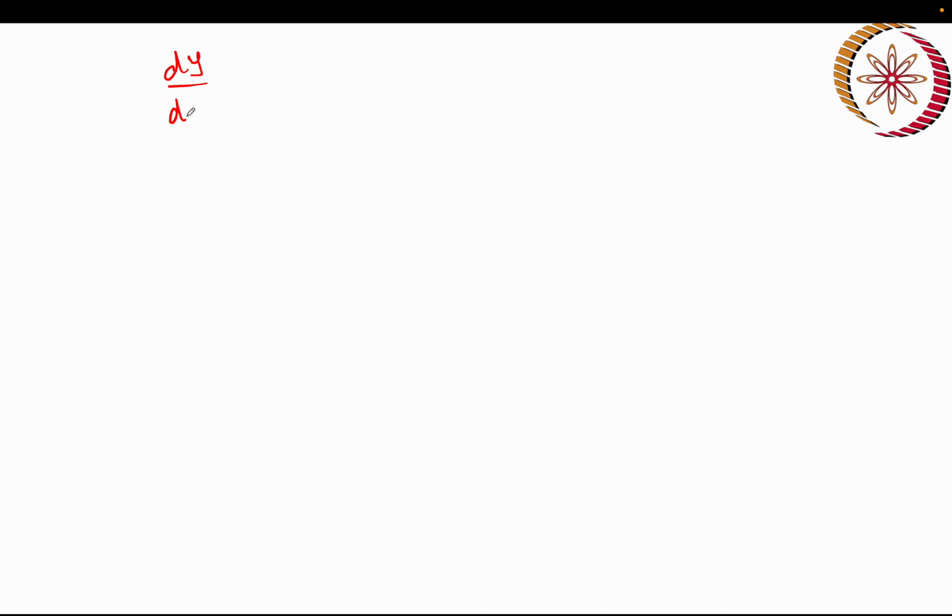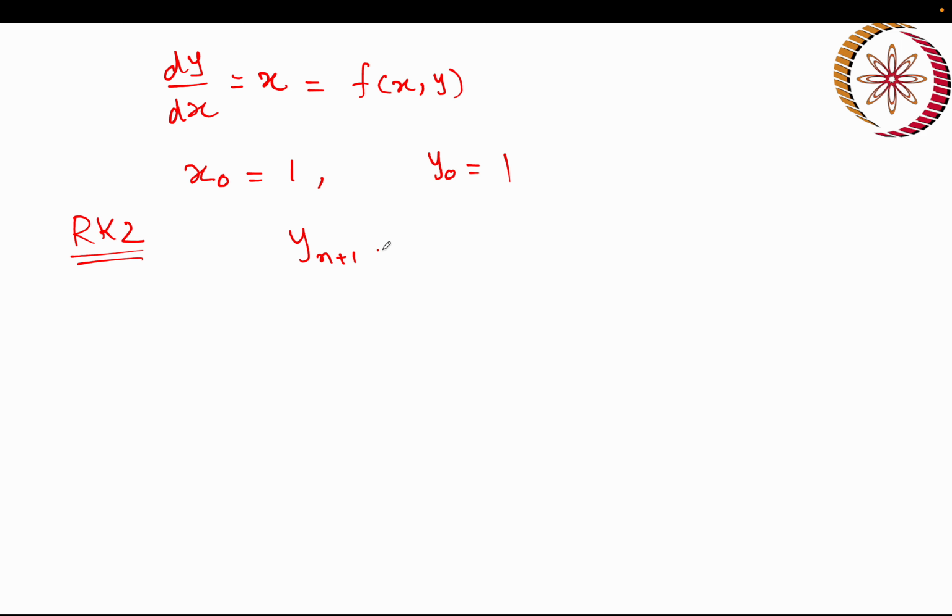So dy by dx is equal to x, or we can say this is our f of x, y. In this case, x0 is equal to 1 and y0 is also 1, and let's say we are using the RK2 method. In this method, yn plus 1 is equal to yn plus half k1 plus k2.